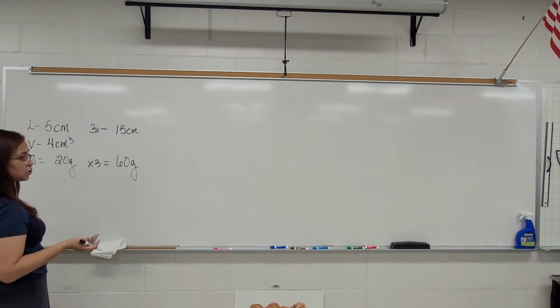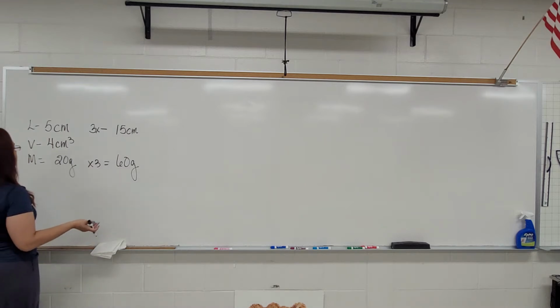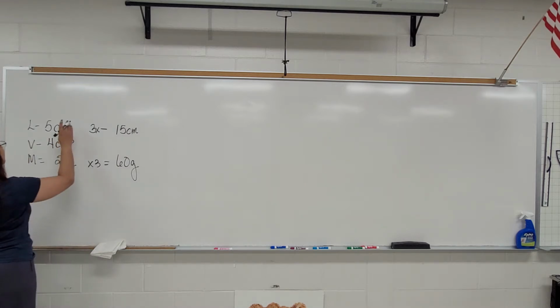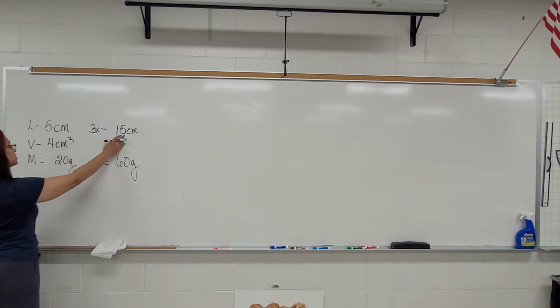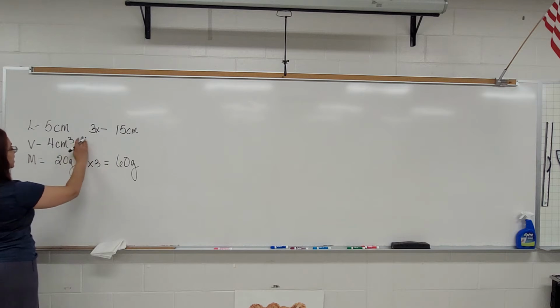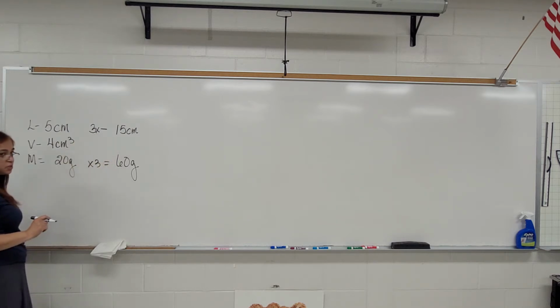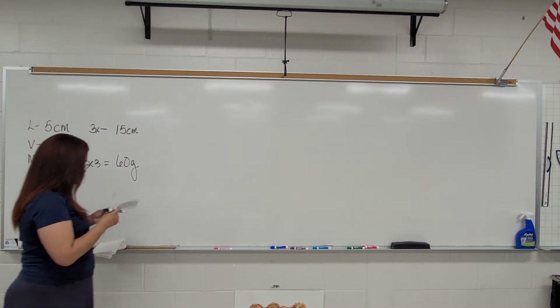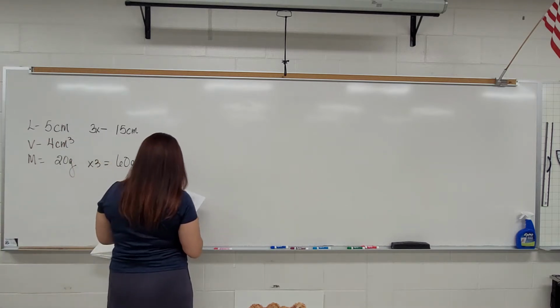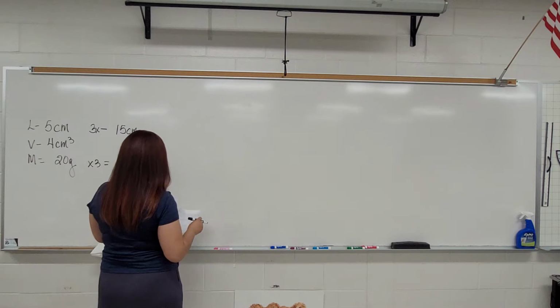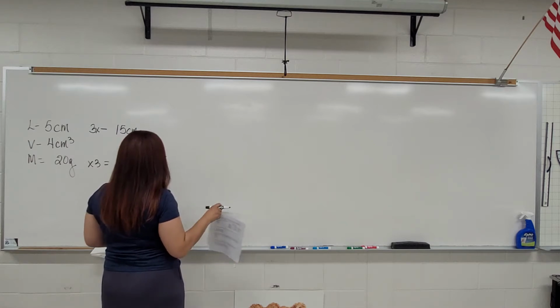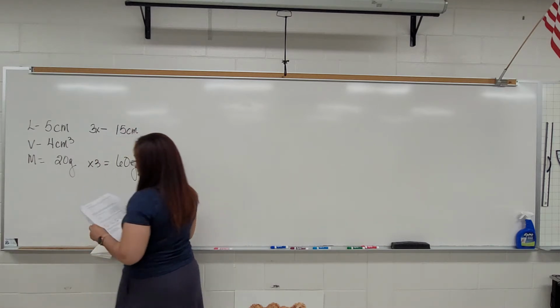Because it is a uniform rod throughout, 15 centimeters is 3 times as long as 5 centimeters. So if the length is 3 times as long, then the mass is going to be 3 times as great.